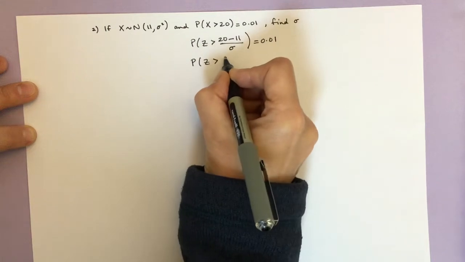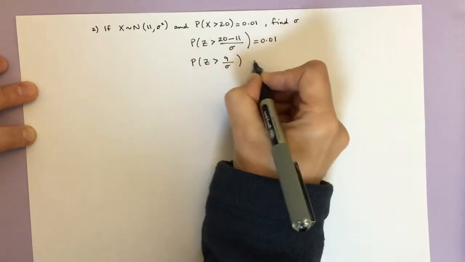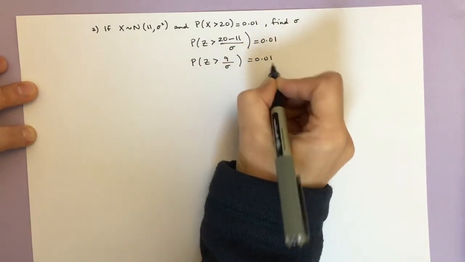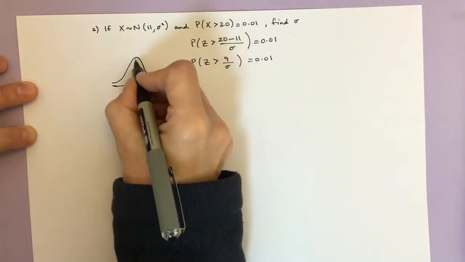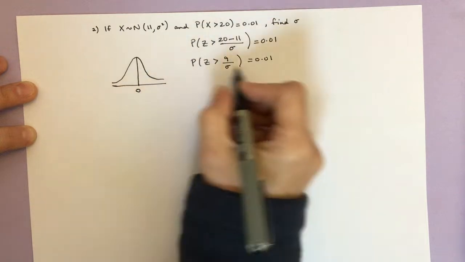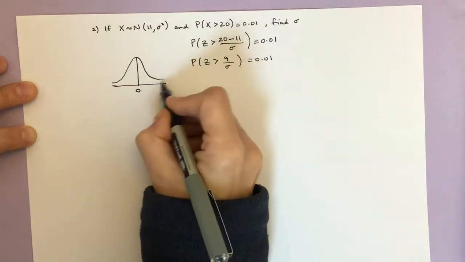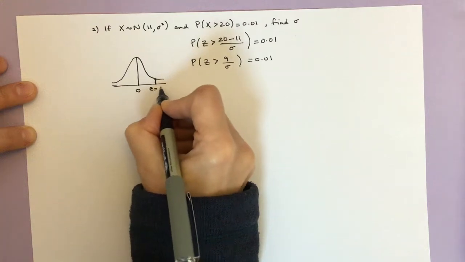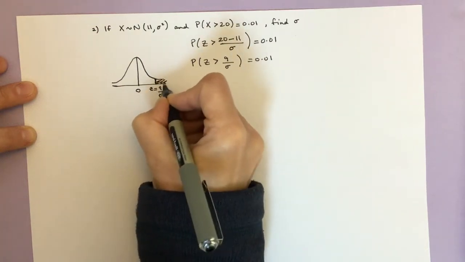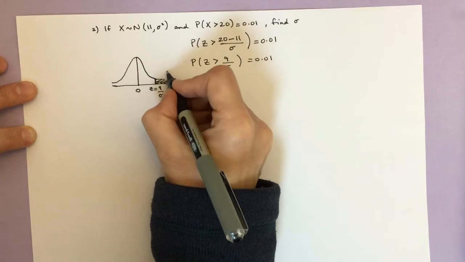So z being greater than 9 over sigma is 0.01. What does that look like? So centred on 0, it's just 1%, so it's going to be over here. So my z, which is 9 over sigma here, that's going to be around about there somewhere, where this is my 1%, my 0.01.